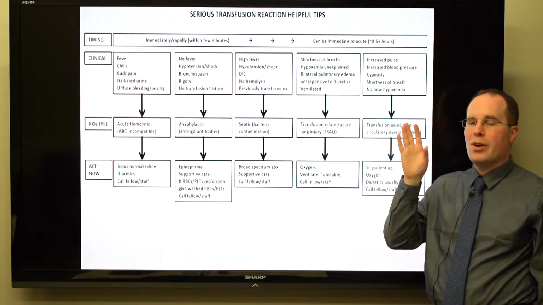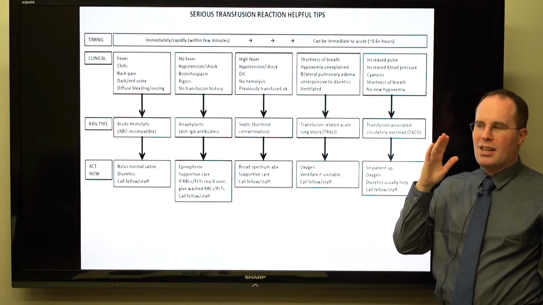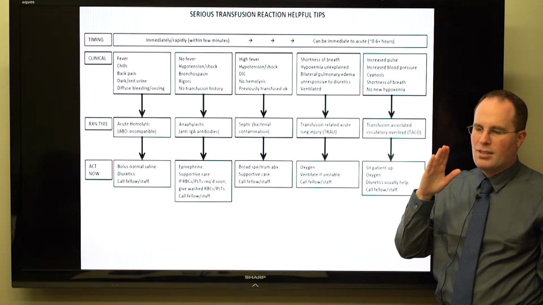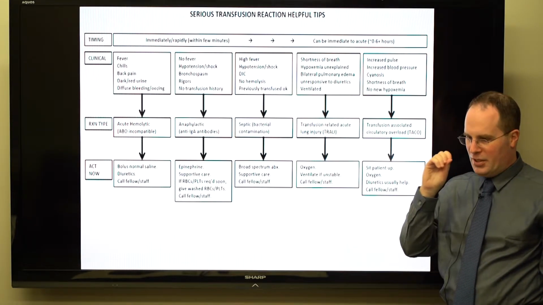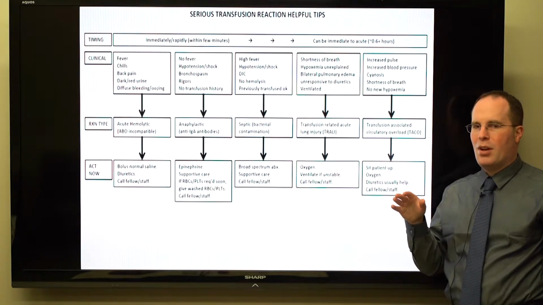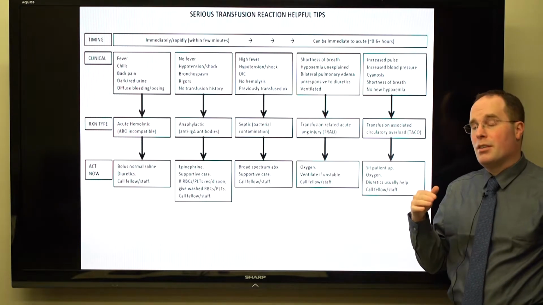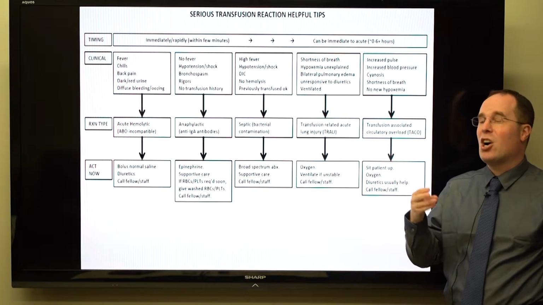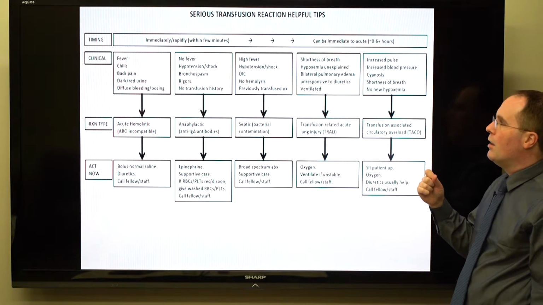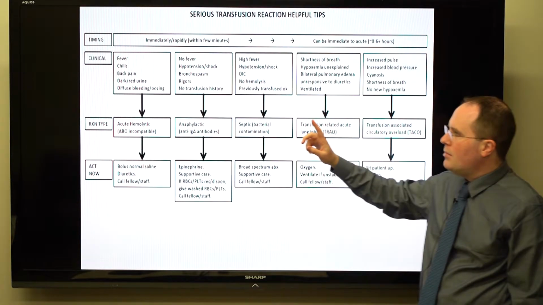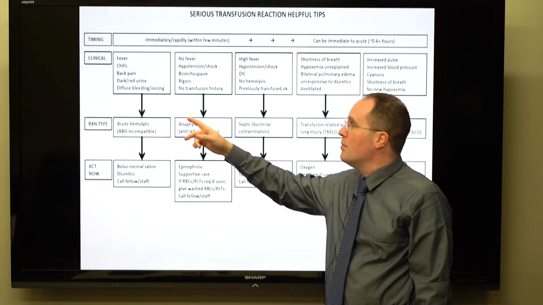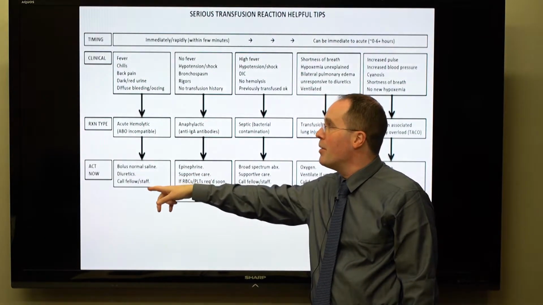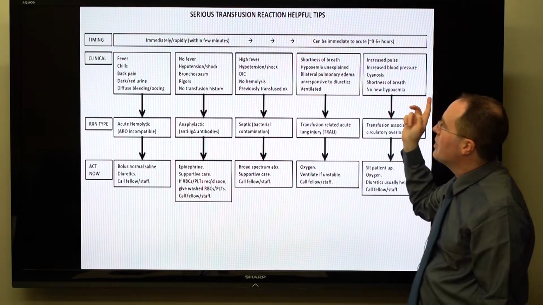It doesn't mean all our work is done, but I like to think through what are the most severe types of reactions, and if it's not one of those, then sure, we have to be diligent, we have more work to do, but we are not going to overlook something potentially deadly and potentially something that we need to urgently act upon, right? So I look at the clinical manifestations and the reaction type and what we should do about it. And also on the top, we look at the timing.